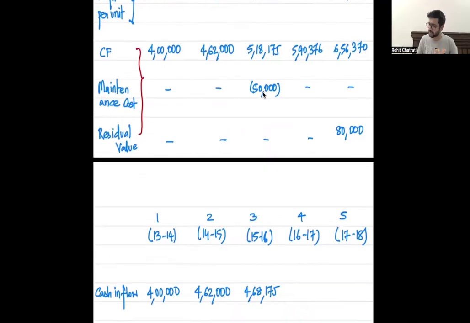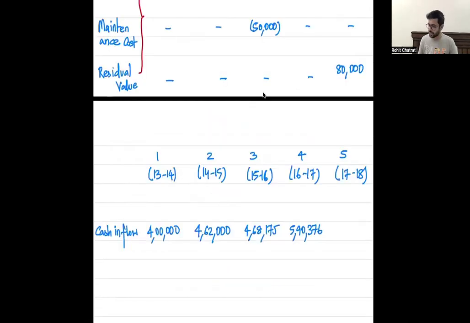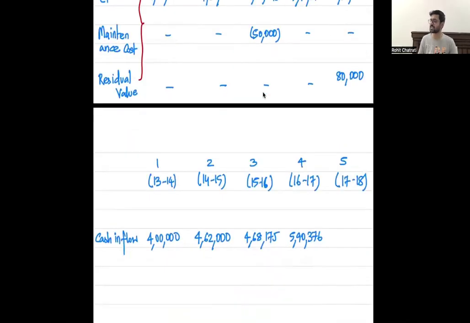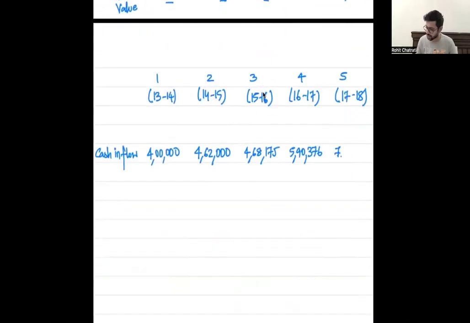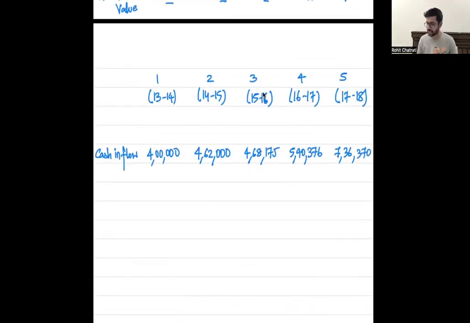Year 4, we don't have anything else, so it will be 590,376. Year 5, we have 656 plus 80,000. 656 plus 80 is 736. All right, so we'll have 7,36,370.